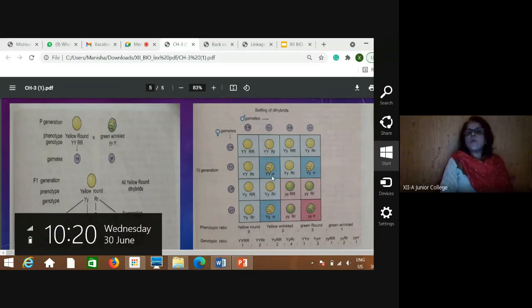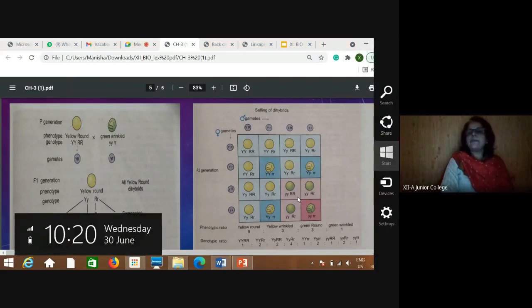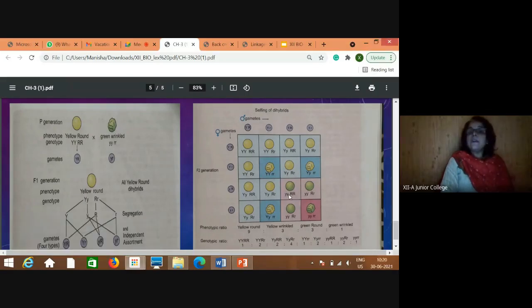Now the next is what? The third one, when both y are small, but either both R or one R is capital. As per the original parent, when both the y are small, the color is green.